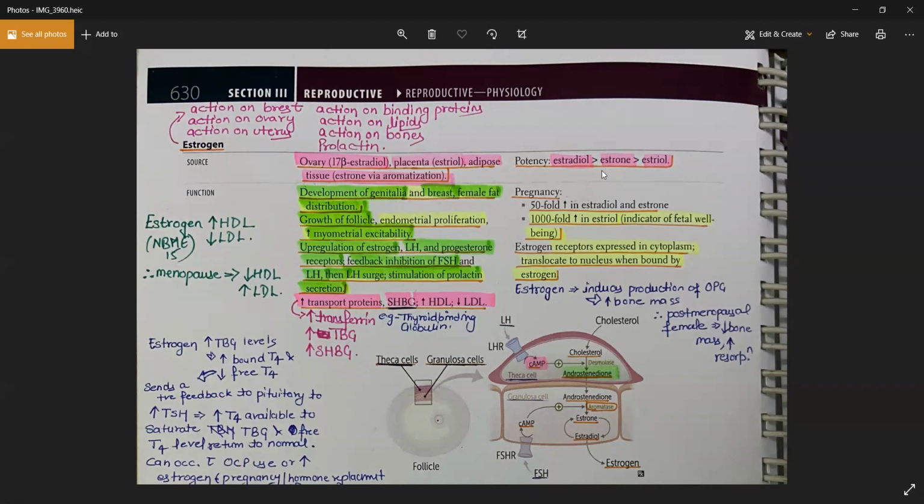In the adrenal cortex, you have these cells, the zona reticularis, and these cells will release the androstenedione into the blood. From the blood, this androstenedione will reach the peripheral tissues like the adipose tissue, and in the adipose tissue it will be converted into estrone. So the estrone will be the major estrogen in a postmenopausal female. In an adult premenopausal female, it will be the estradiol after birth. In the intrauterine life, the estriol will be present in the maximum concentration.